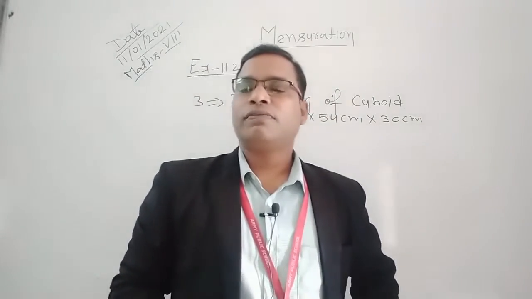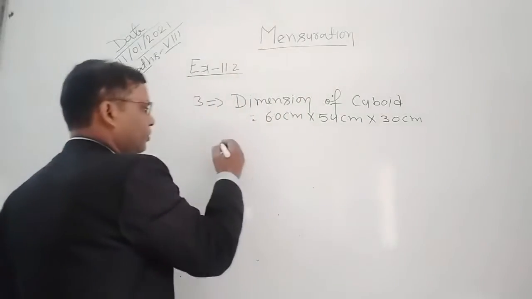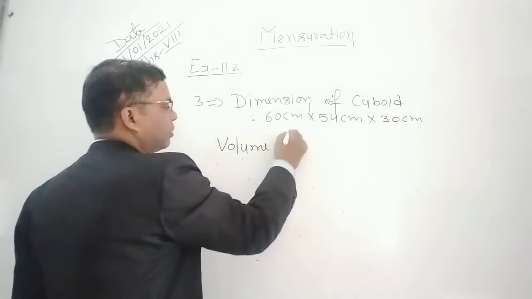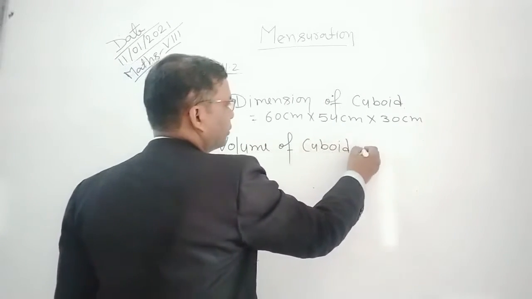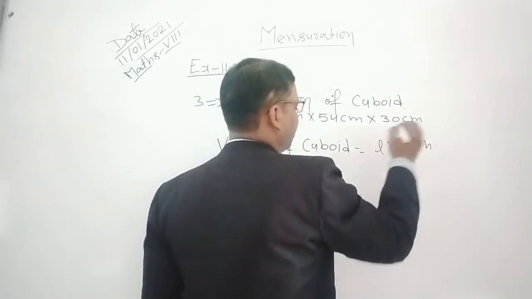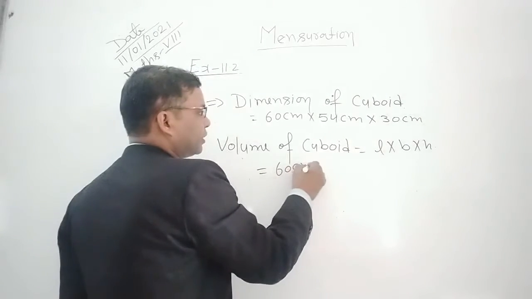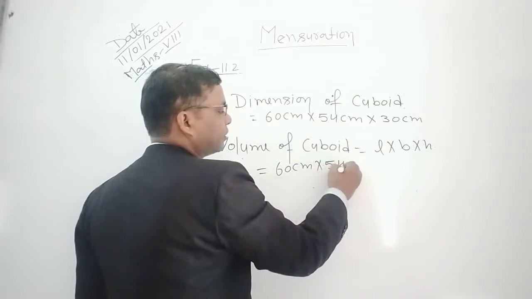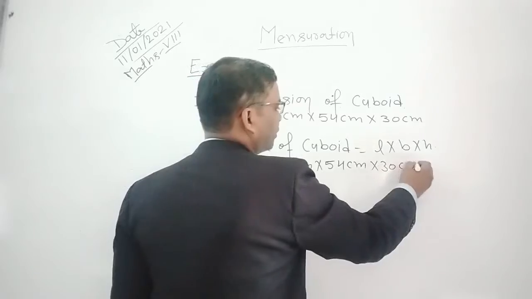Okay, so first you find the volume of the cuboid. Volume of cuboid is equal to what? Length into breadth into height. Length is given here 60 centimeter, breadth is 54 centimeter, and height is 30 centimeter.